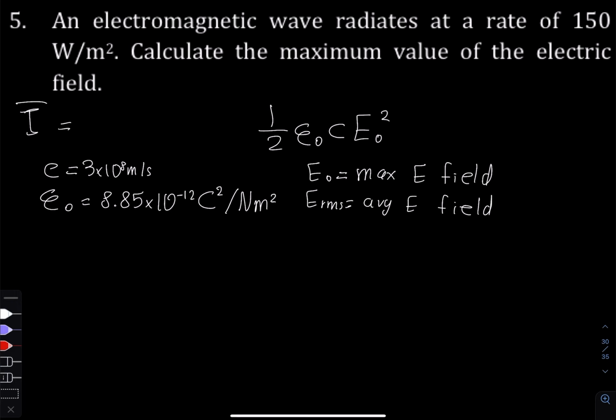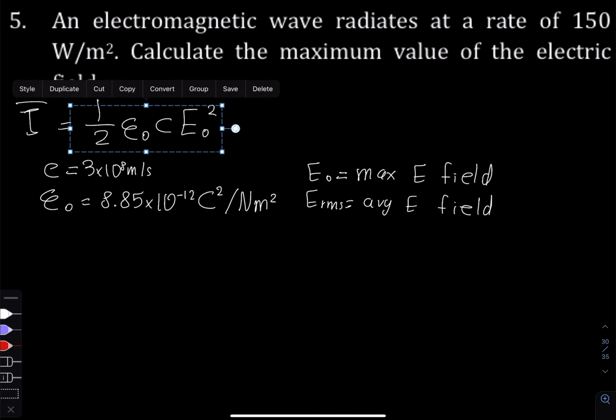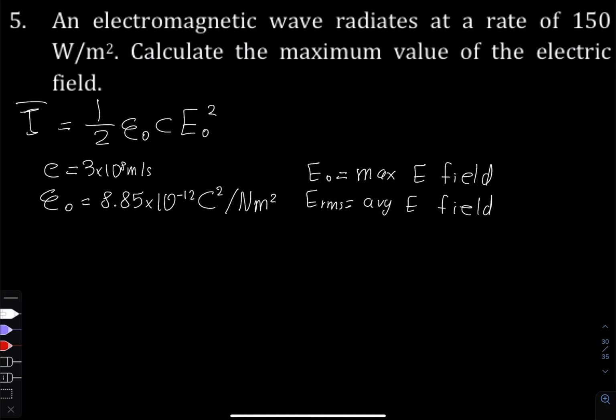So we get this expression. Ooh, that's not good. Okay. We're told that the electromagnetic wave radiates at a rate of 150 watts per meter squared. Whenever you see this watts per meter squared, that's intensity, as I've explained. So this is 150. And then we have E naught in the equation, which is 8.85 times 10 to the negative 12.